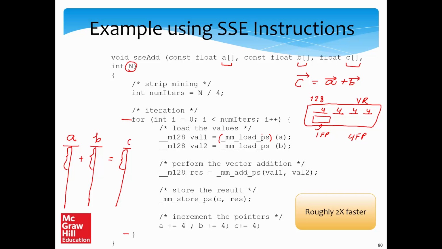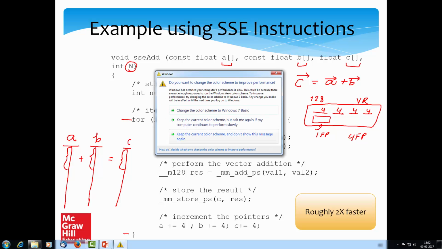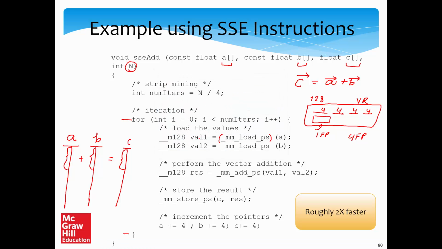So this basically encapsulates an assembly instruction, and the assembly instruction loads 4 floating point numbers from the current pointer value A and saves it in the vector register val1.